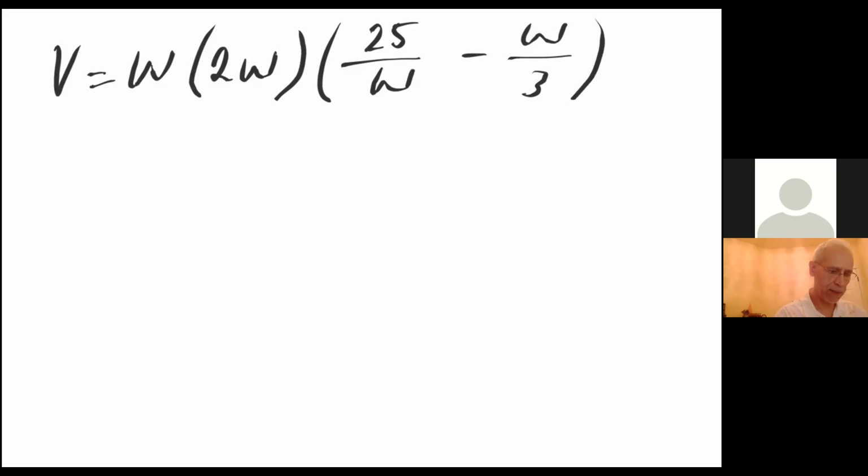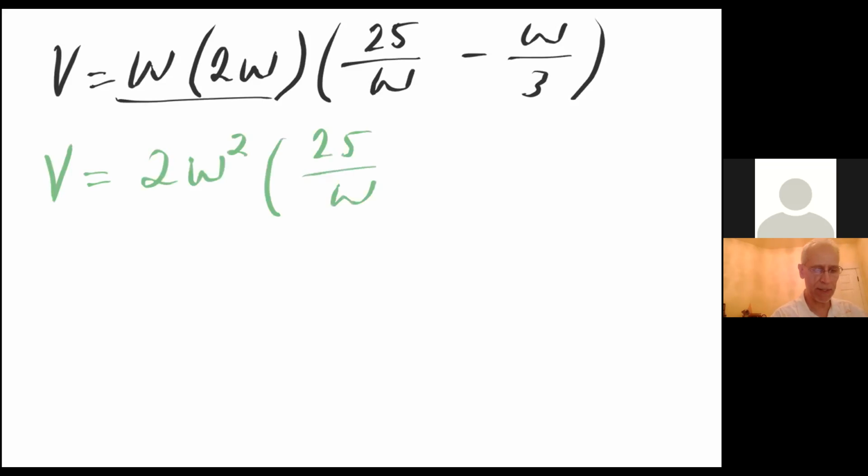And so this is one baby step. I can rewrite this as volume equals 2 width squared times (25 over width minus width over 3). If I multiply this out, I get something cubic. Since I'm going to be looking at the graph, I really don't have to simplify this more than that.